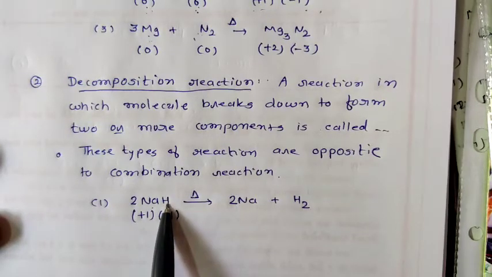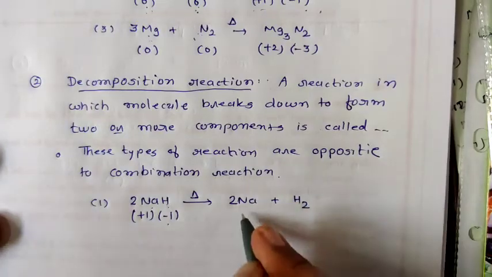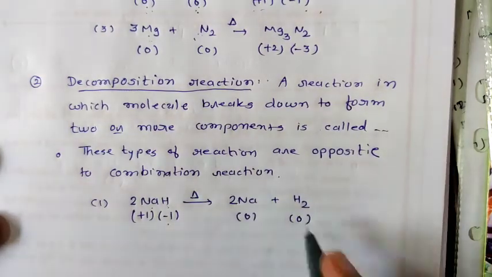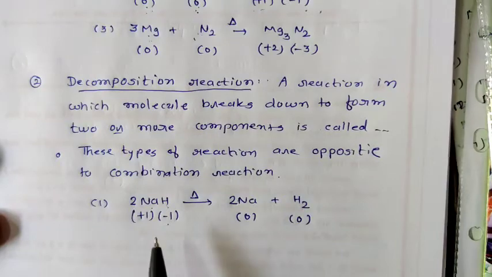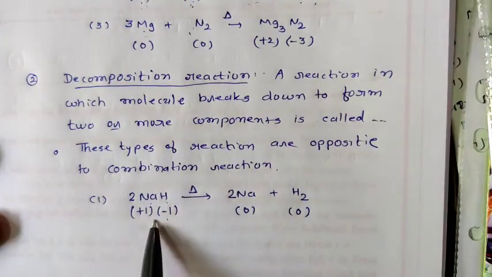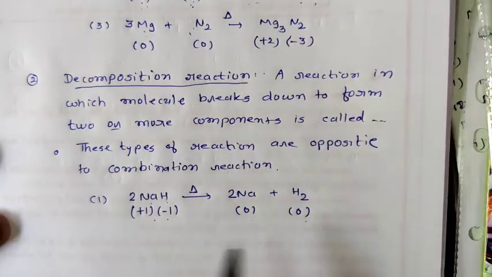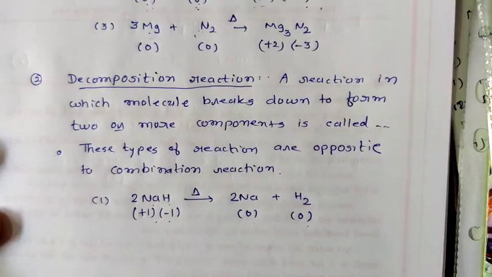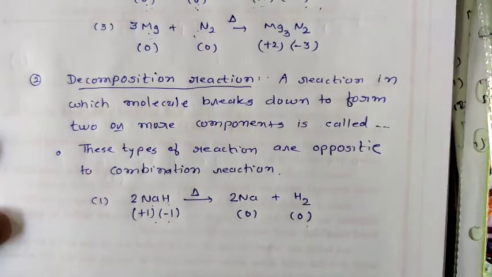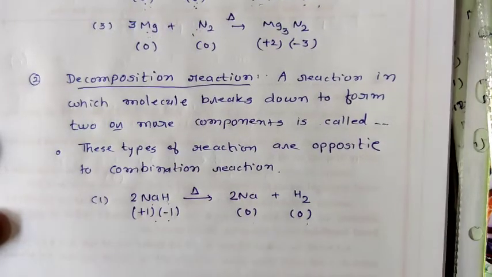Otherwise, hydrogen always has plus 1 charge. Then 0, 0. Just see, a reaction in which a molecule breaks down to form two or more components is called decomposition reaction. These types of reactions are opposite to combination reaction.